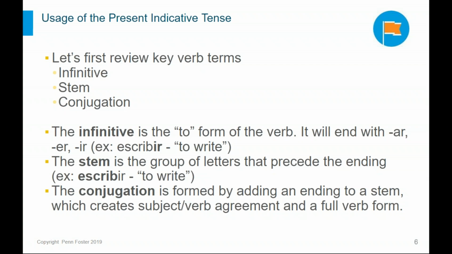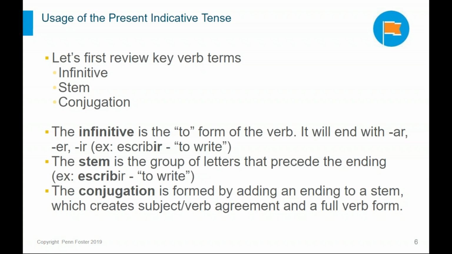When you remove the infinitive, which is going to be part of our conjugation rules, you're left with the stem. So everything except for the AR, the ER, or the IR. And sometimes the stem is regular, other times it is irregular. It also could have a stem change, which we'll talk about. And then once you have taken an ending, which we're going to get into here soon, a new ending, and added it to the stem, you have what's known as a conjugation.